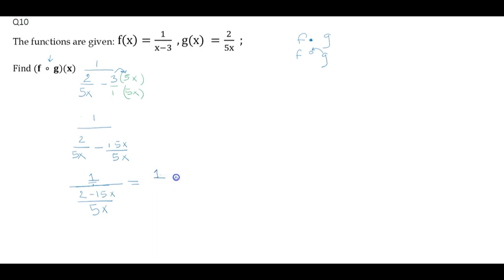This will be 1 multiplied, and I'm going to flip this one, so it's going to be 5x on the top, and on the bottom I'm going to have 2 minus 15x. Anything multiplied by 1 is going to be the same thing. So my answer is going to be 5x over 2 minus 15x.